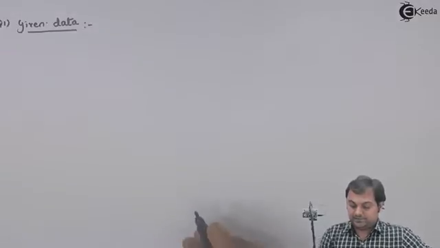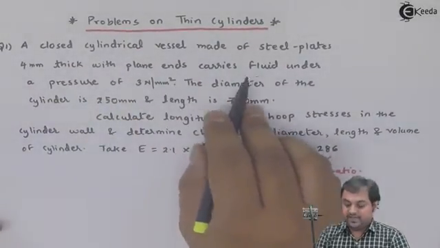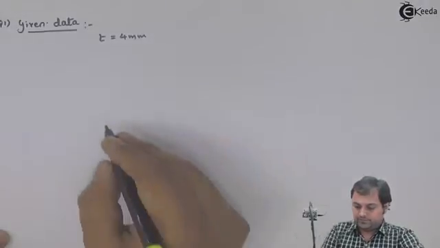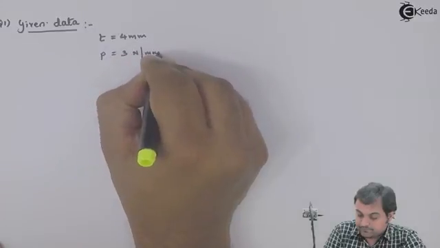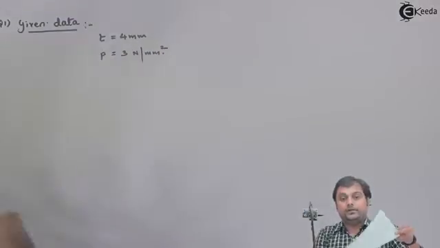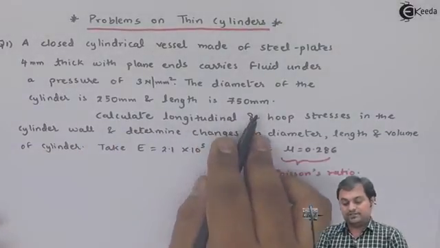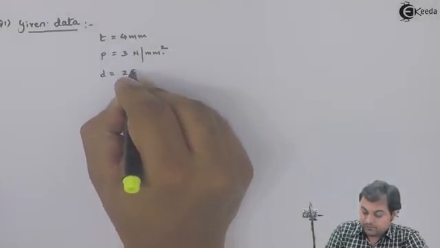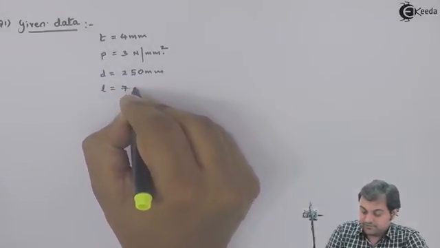So the thickness is equal to 4 mm, with plain ends, carries fluid under a pressure of 3 Newton per mm square. So the internal pressure of the fluid is 3 Newton per mm square. Next, the diameter of the cylinder is 250 mm and length is 750. So small d, internal diameter, is 250 mm and length is equal to 750 mm.